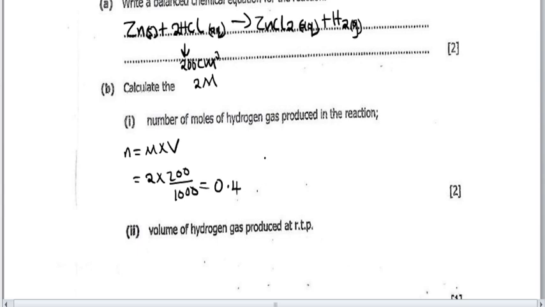Then the mole ratio between hydrochloric acid and hydrogen is 2 to 1. We have 0.4 moles of HCl, then x moles of hydrogen. Cross multiply, then 2x is equal to 0.4.